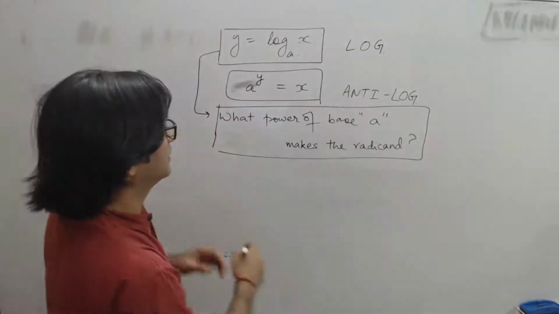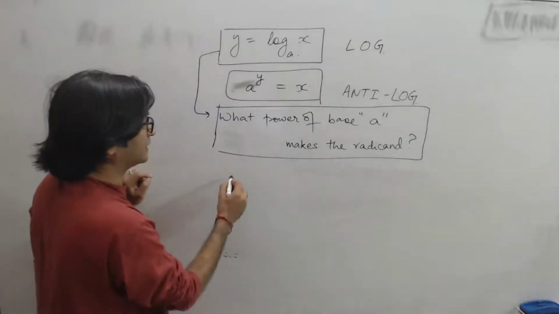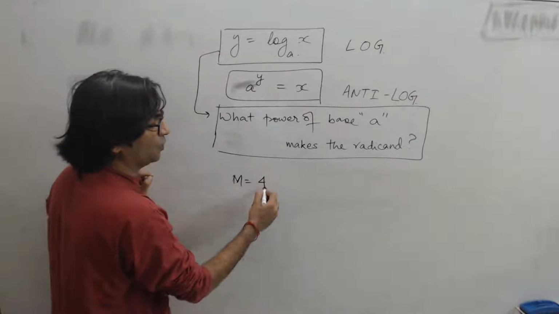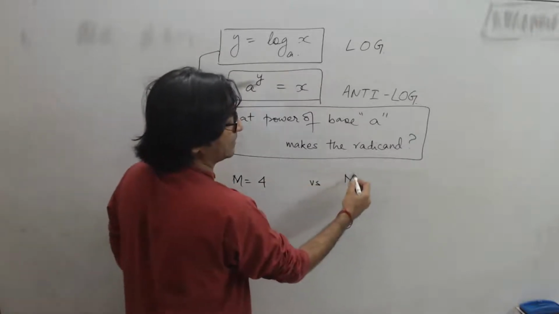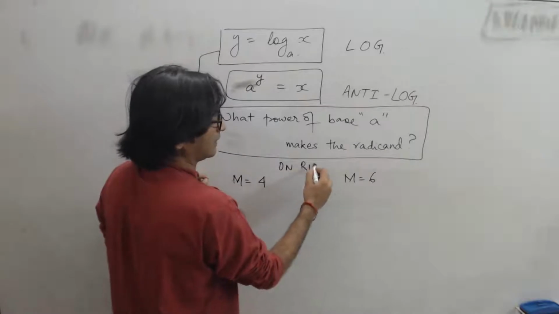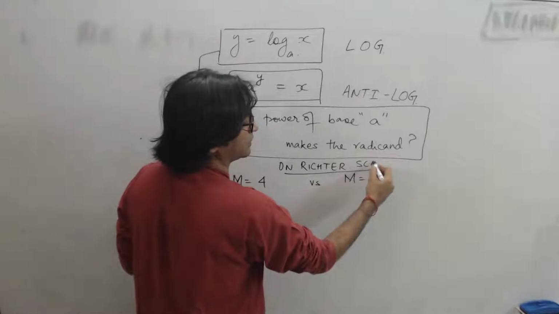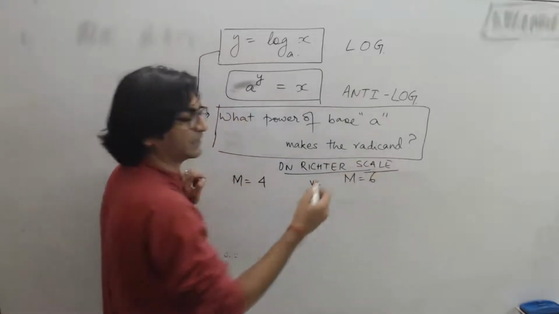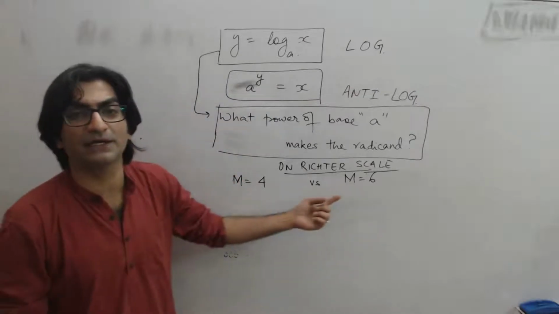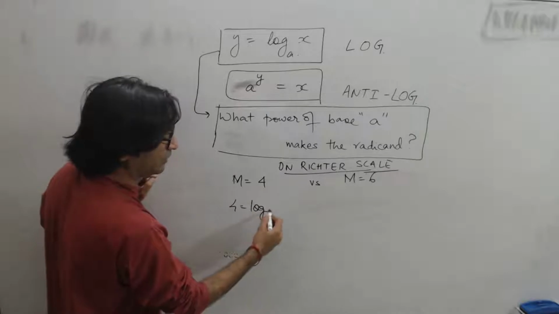How does it affect my understanding of the Richter scale? Imagine the magnitude is 4 versus a magnitude of 6 on the Richter scale, which I've told you is a logarithmic scale. Now imagine comparing a magnitude 4 earthquake with a magnitude 6 earthquake. This means 4 equals the logarithm of the magnitude.